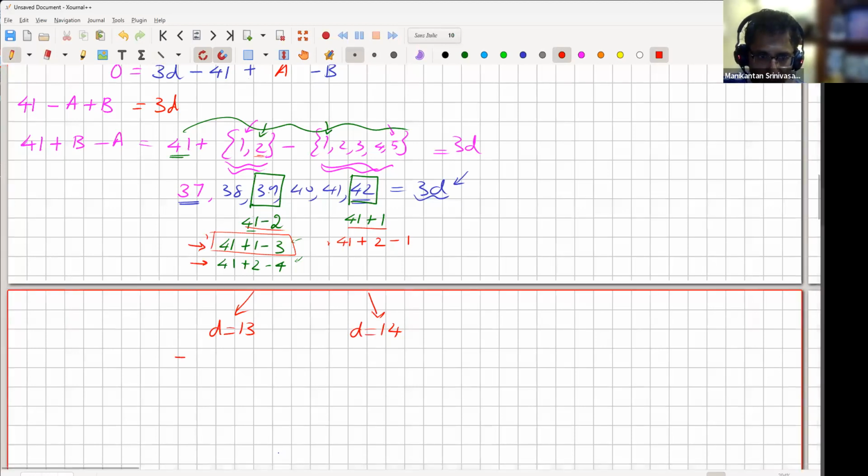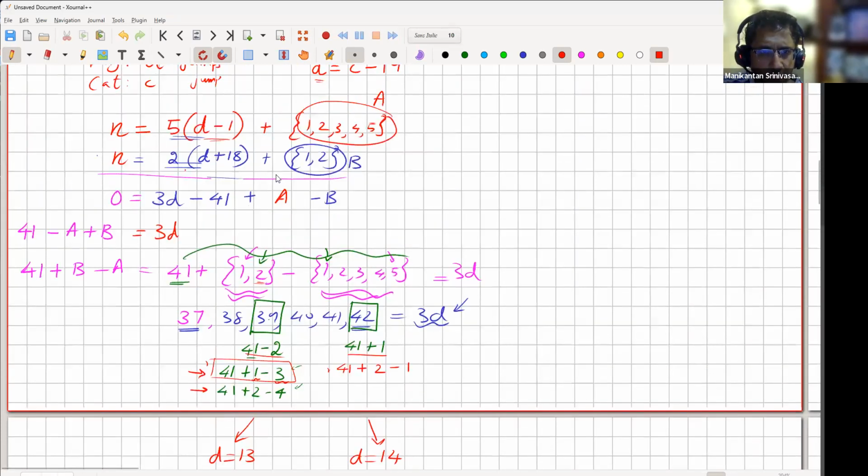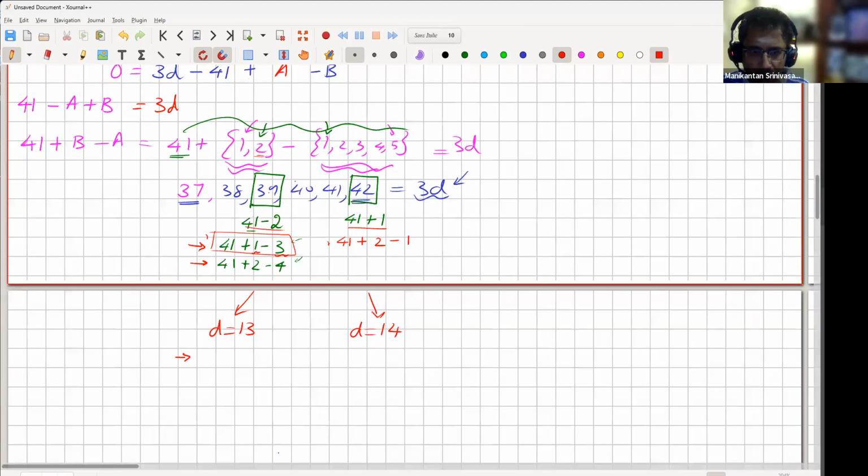The first bullet was when I took 1 from set B and 3 from set A. Let's focus on set A, which is the dog, the bigger one. The dog took 13 steps.